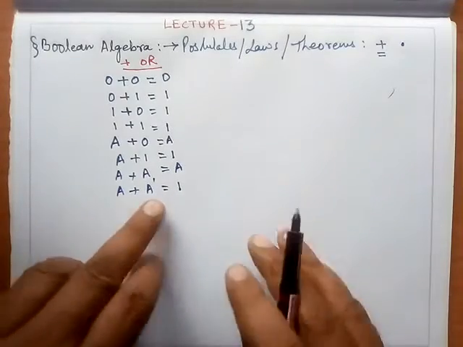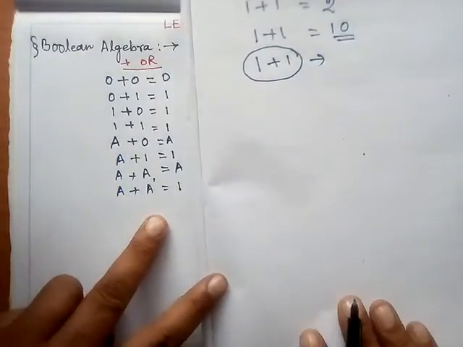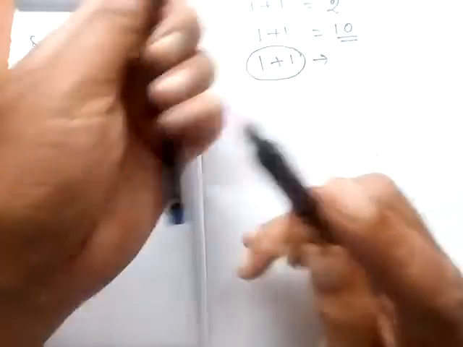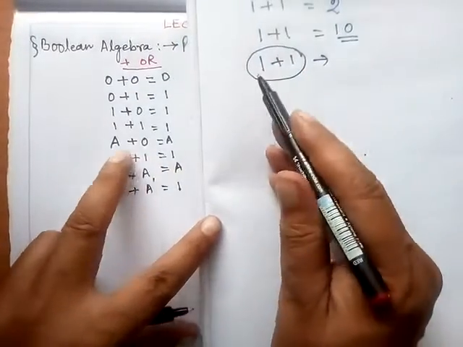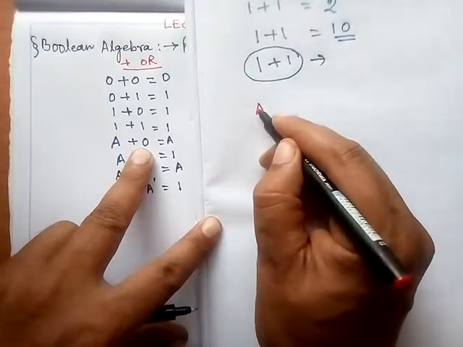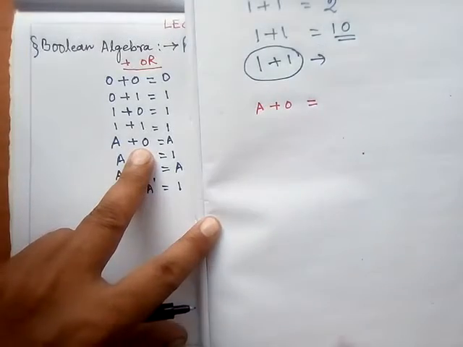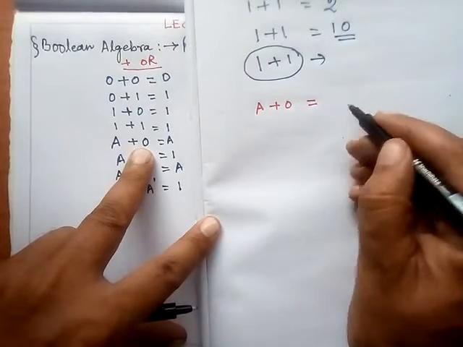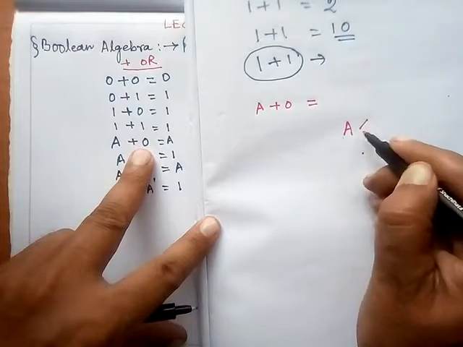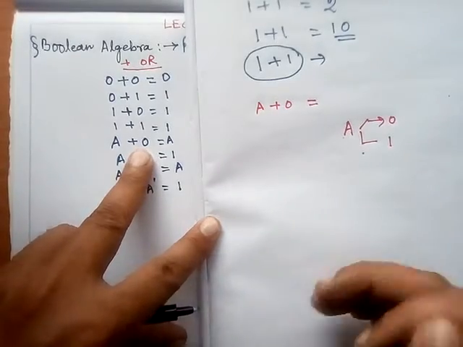Now let me explain this. Although it can be proved in a different way, I am giving you a logical reason for this. What is A plus 0? A can have two values, either 0 or 1.